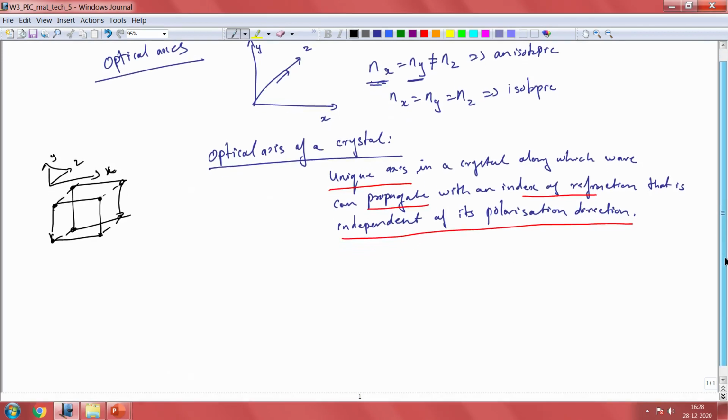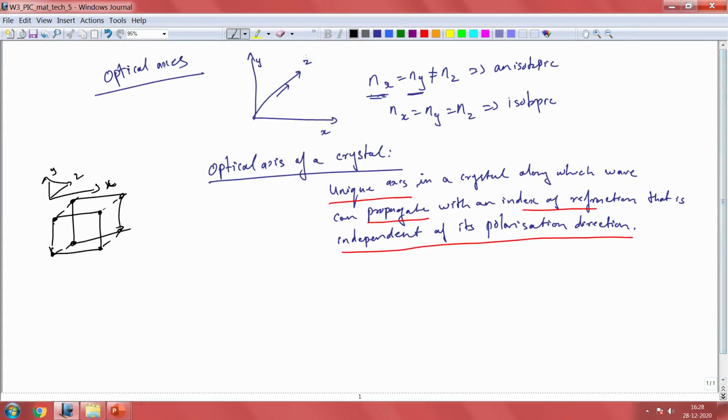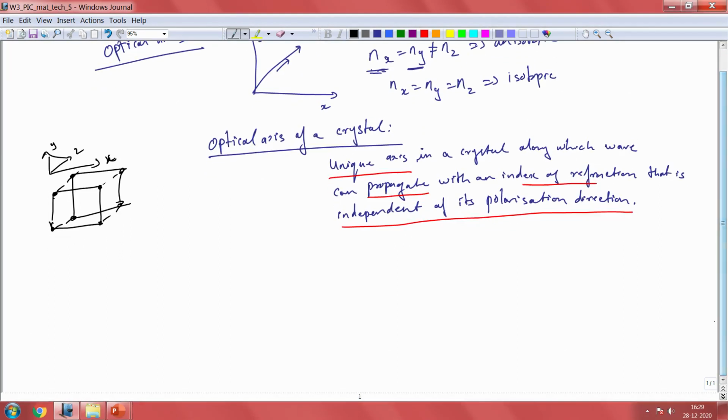And when we define this, we have different axes. You have three axes here, x, y, and z. If you have only one distinct principal index, we call that a uniaxial crystal. So, what is a uniaxial crystal?